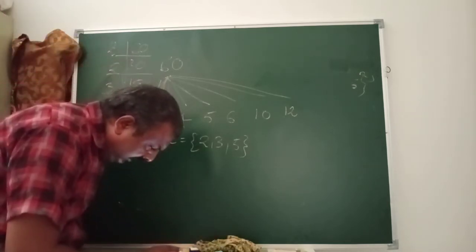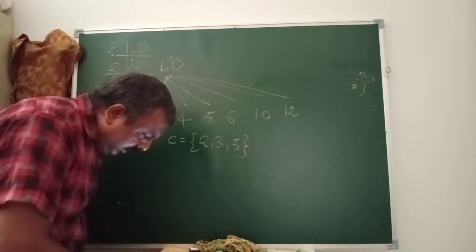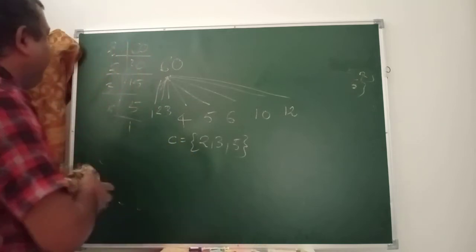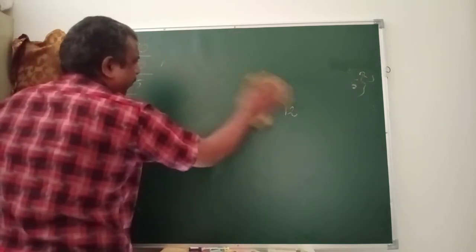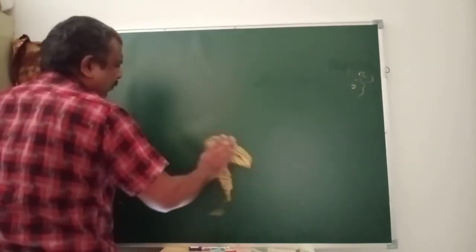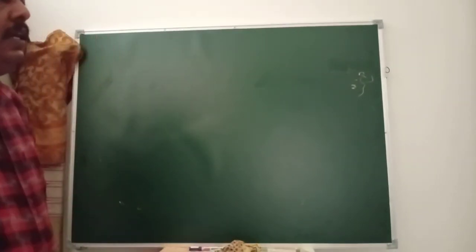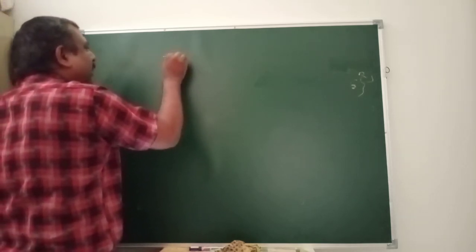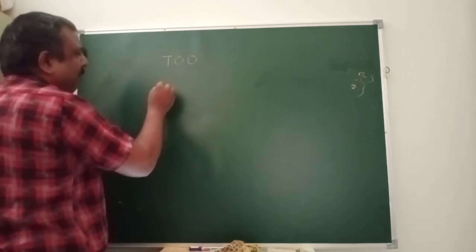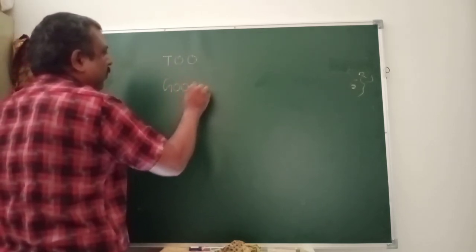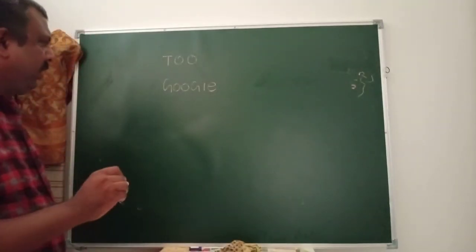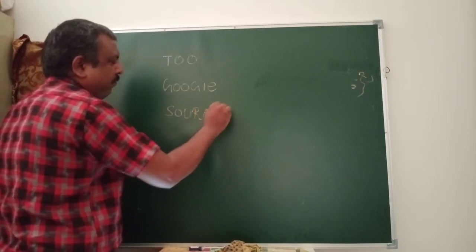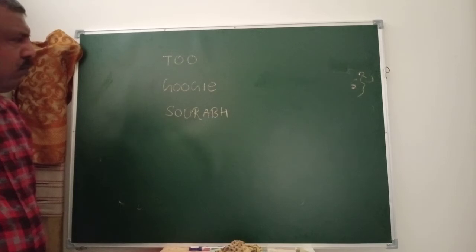Now I am taking another question. The set of all letters in the word trigonometry. Now beta, just remember one thing. If someone tells you to write the collection of the letters of a word in the roster form, or I am taking my name, how to write in the roster form?